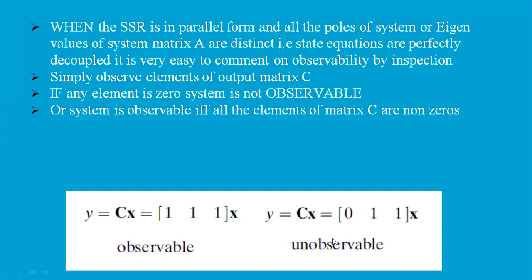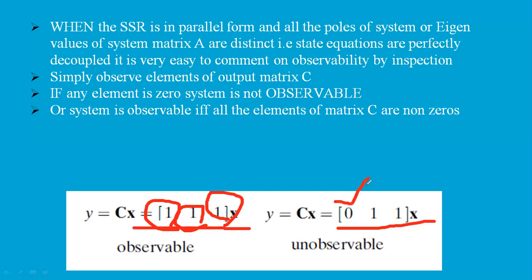How? Just observe the output matrix. Whenever you speak of observability, we observe the output matrix; whenever we speak about controllability, we observe the input matrix. If the output matrix has all non-zero elements, then it is observable.